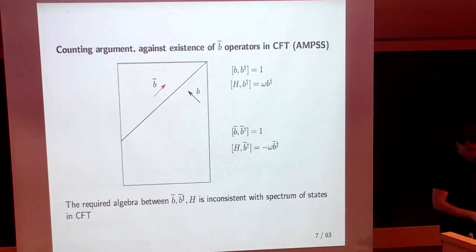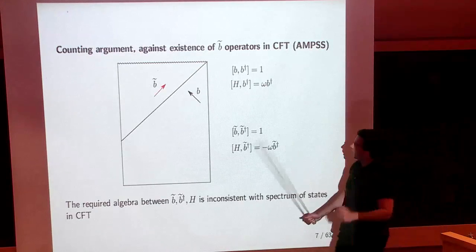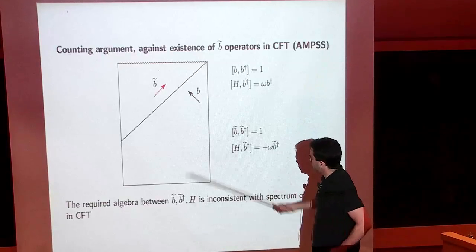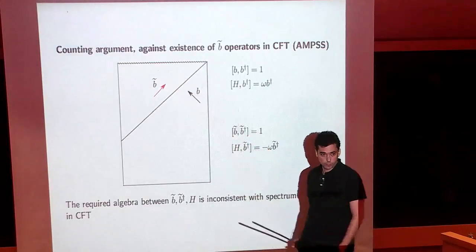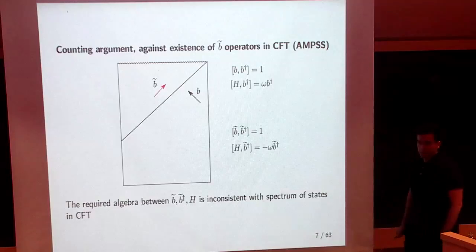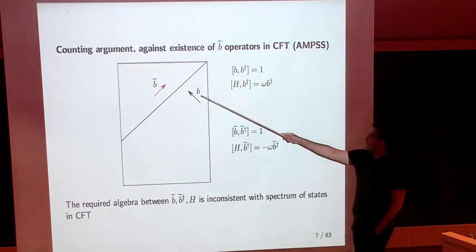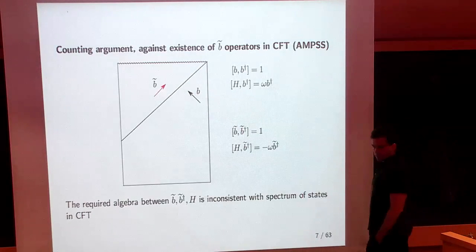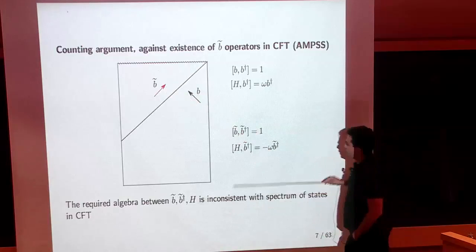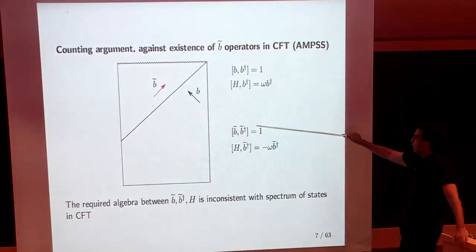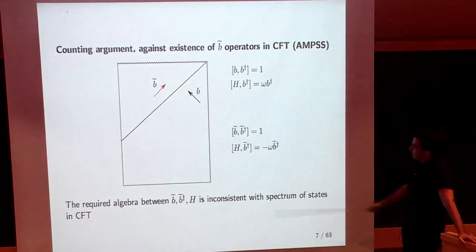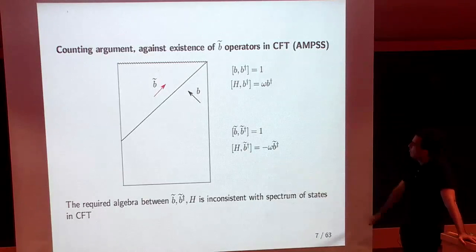Now, as I mentioned before, there is an argument given by AMPS that such operators cannot possibly exist in the conformal field theory. The argument is based on the algebra that these operators satisfy. Within effective field theory, the operators behind the horizon obey the canonical commutation relations. However, they have peculiar commutation relations with the Hamiltonian.